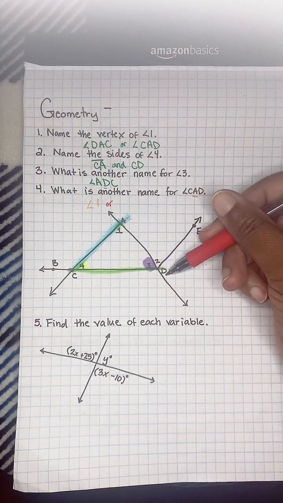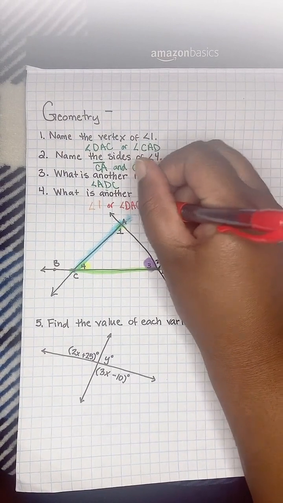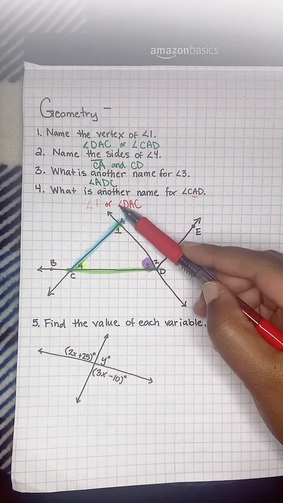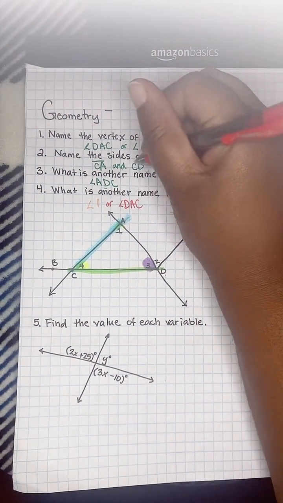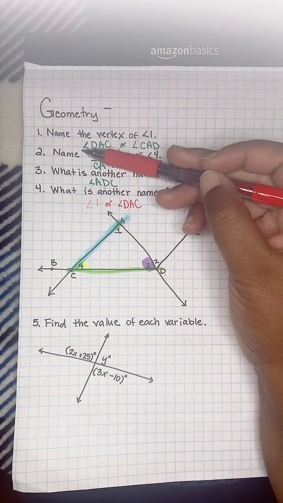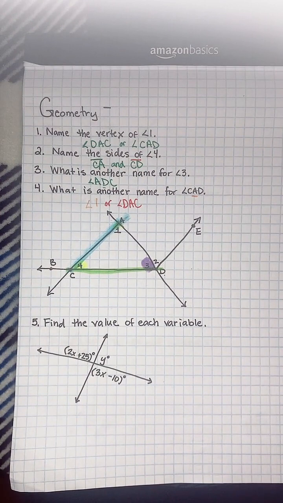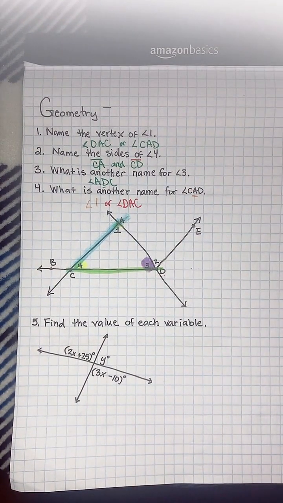Now, if you're in my class and you don't put that angle sign, I don't know what you're talking about. Geometry is very picky. I should have put a line above here because I'm talking about sides, and if I'm talking about an angle, I have to do the angle sign. So just make sure you pay attention to the little details.